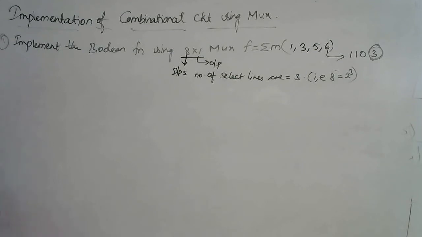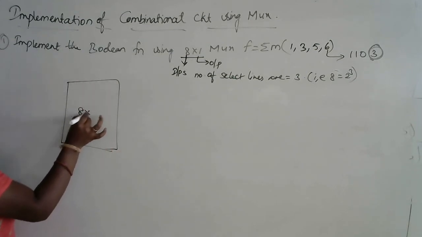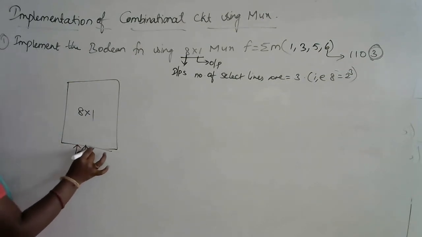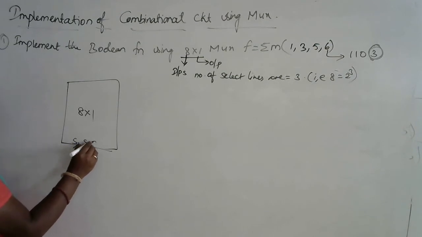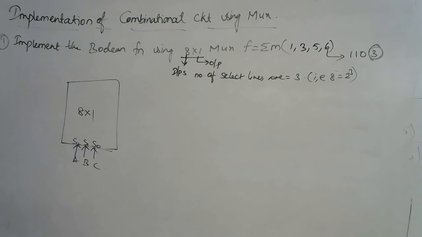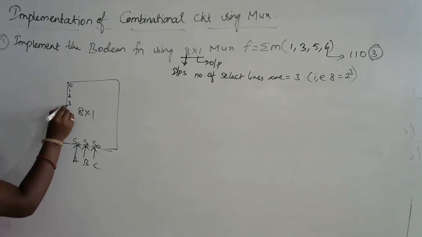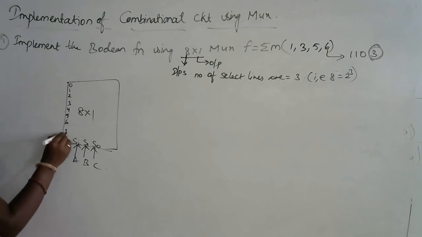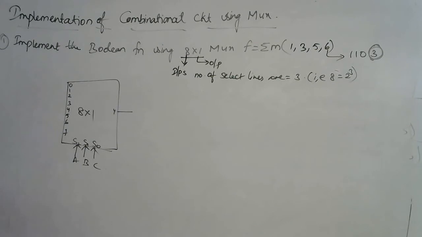We need to draw an 8 by 1 multiplexer with 3 select lines S2, S1 and S0, which are A, B and C, and 8 inputs, 0, 1, 2, 3, 4, 5, 6 and 7, and a single output.